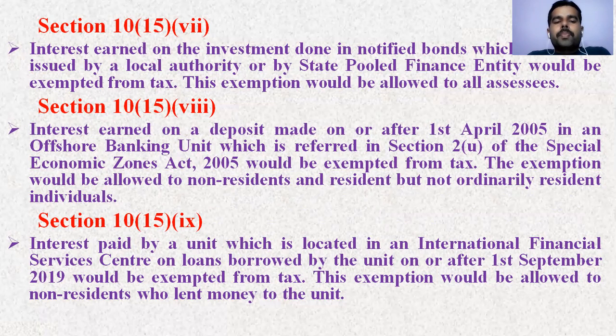Okay, it is written in detail, and according to that condition we are going to invest in notified bonds. If we invest in the notified bonds and get some interest, then that interest amount is fully exempted. The next one, interest earned on deposit made on or after 1st April 2015 in any offshore banking unit which is referred to in section 2U of Special Economic Zones Act 2005 would be exempted from tax.